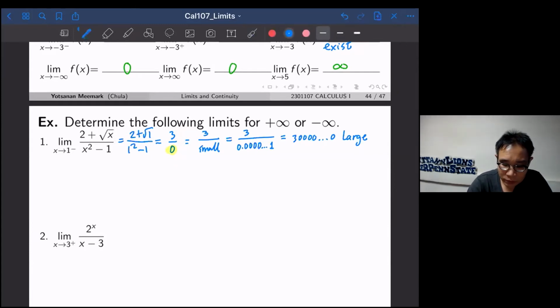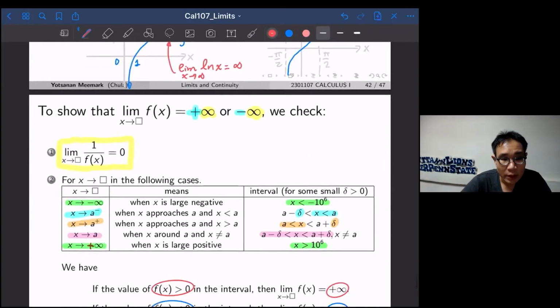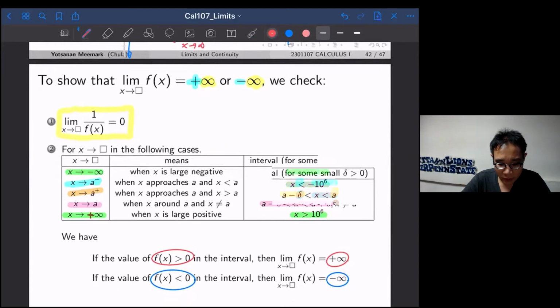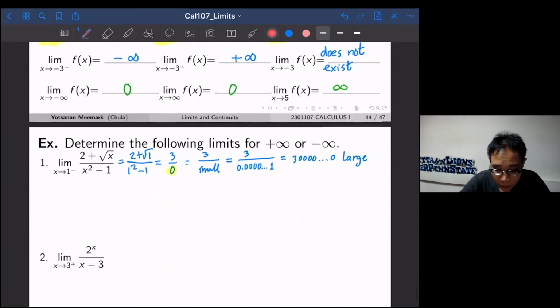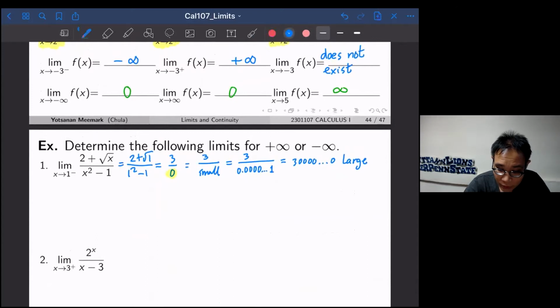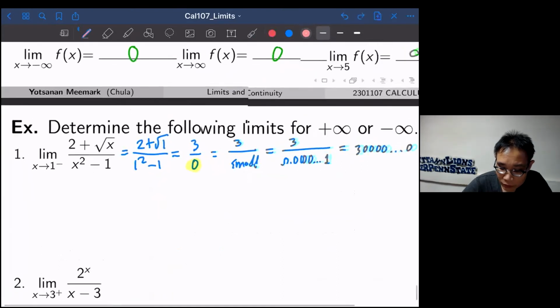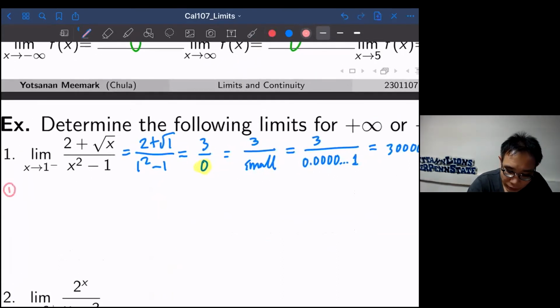Okay, so in this case, you're going to plug in, and this one turned out to be large. So we're going to proceed by doing number 1 and number 2 here. I'm going to teach you how to write the reason down. Let me use another color. The first case is you take the limit of the reciprocal.